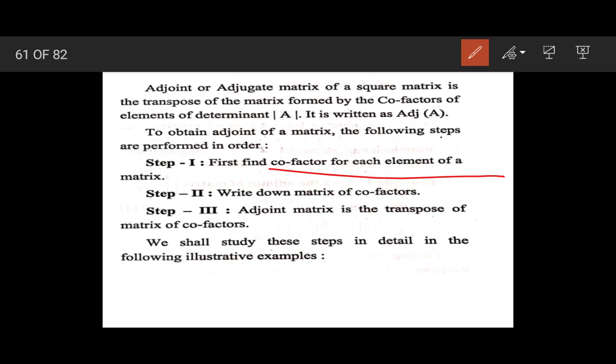In the second step, we are writing the cofactor matrix. That means we are writing P. And in the third step we are taking the transpose of P. That means we are taking the transpose of the cofactor matrix.